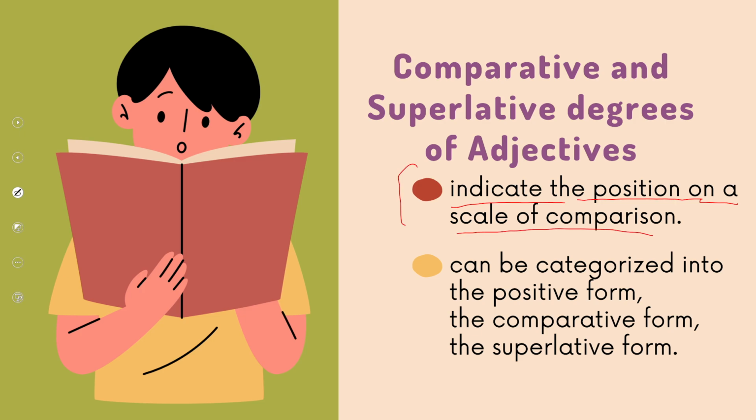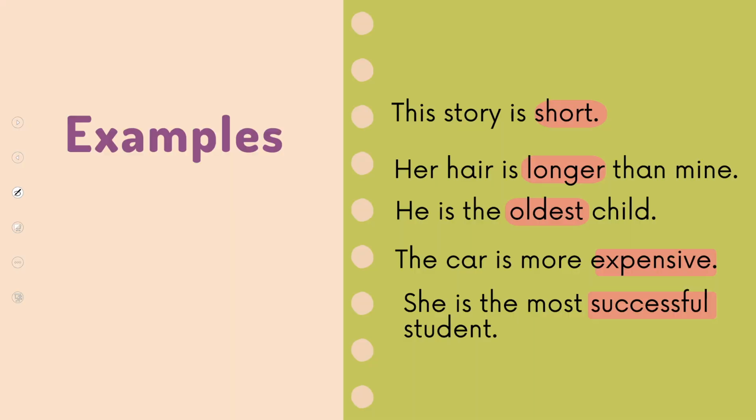So this is about our comparative adjective when we are comparing two things, and this can be categorized into the positive form, the comparative form, and the superlative form. Adjectives can be positive, comparative, and superlative. Now let's talk about some examples. This is short. This is a positive degree of adjective. Her hair is longer than mine.